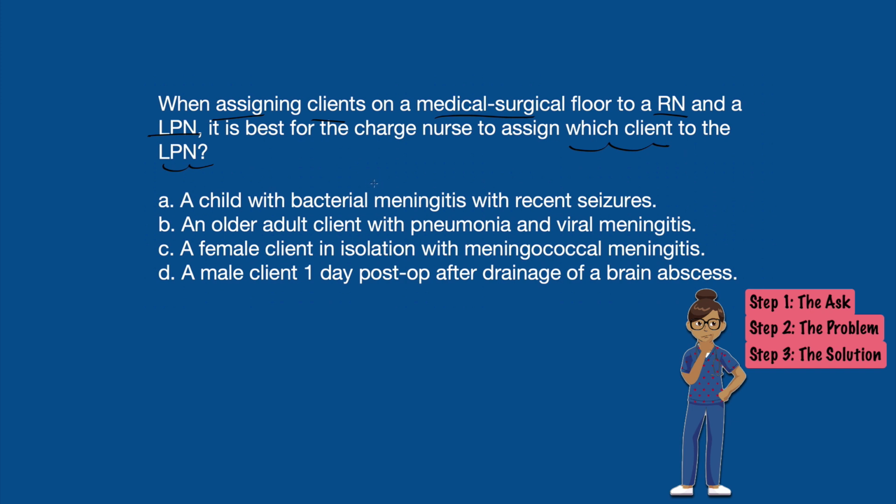Why? Because you can't predict the outcomes of that. We don't know what's going to happen with bacterial meningitis. The patient can have increased ICP, seizures, become septic, could be fatal. We can't predict which way that's going to go. So if you can't predict which way that's going to go for the patient, that's an unstable patient.